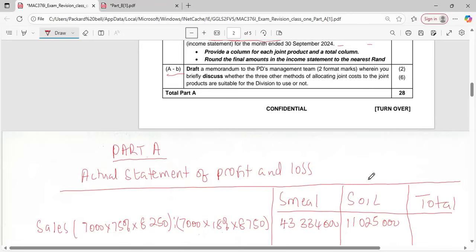Remember, I said the reason I want you to focus on this is that these are basic costing principles. I want us to understand the basic costing principles before we go into the bigger picture. The bigger picture is the Mac questions, the 3761 questioning style. Then we go there with an understanding of the basic principles.